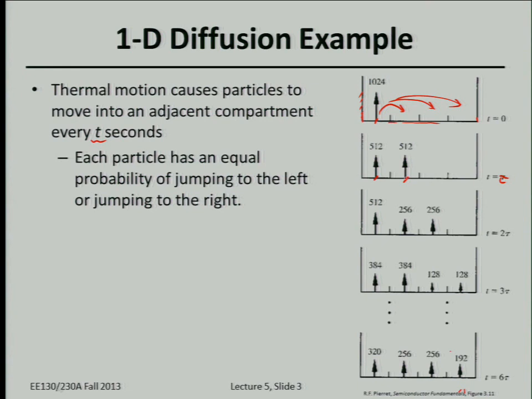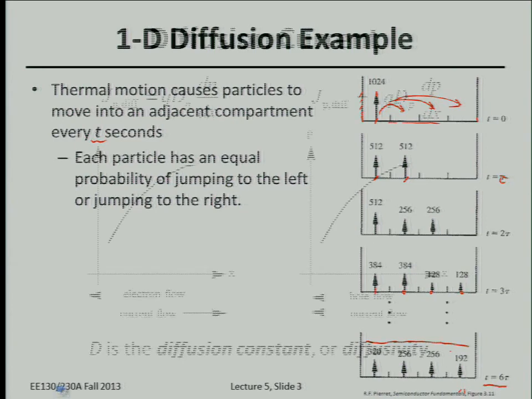And as t equals twice tau and 3 tau, you see the initial very high peak starts to lower its concentration. Then more carriers become available and start to move to the left and to the right. This process is actually the diffusion process, okay? And eventually, at a sufficiently long time, the carrier profile looks very uniform, right? It gets equally spread out, okay?